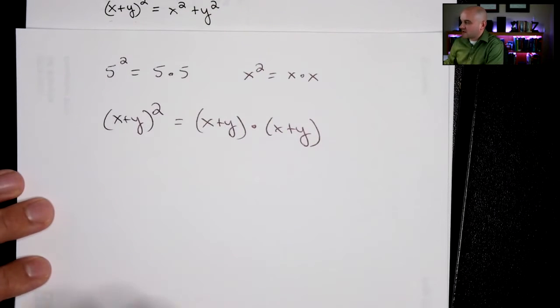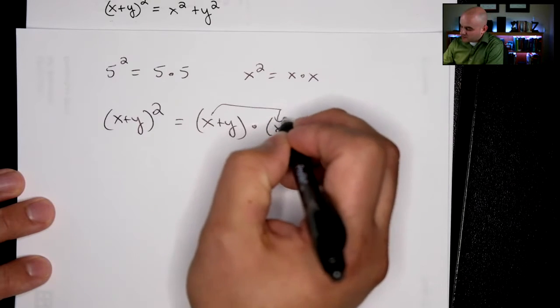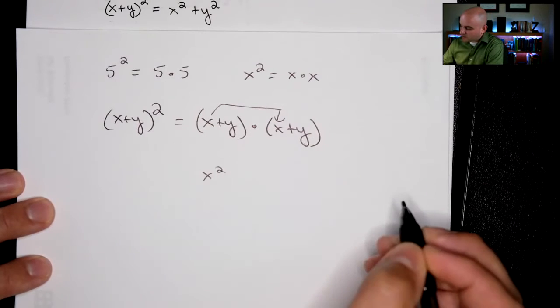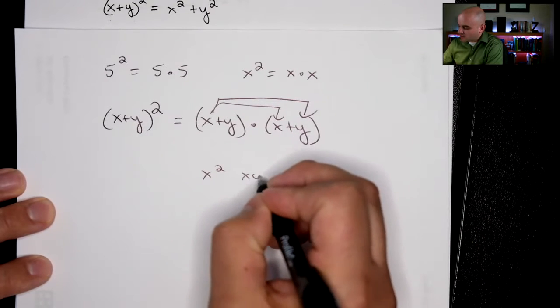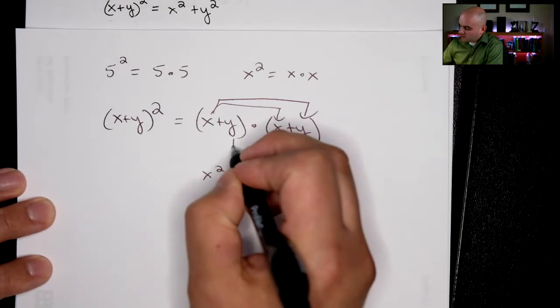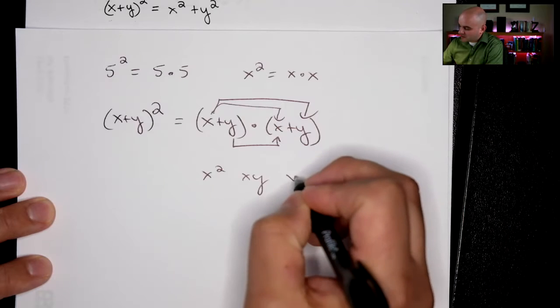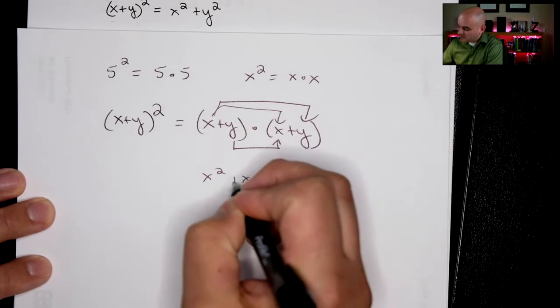And remember, back in algebra class, a lot of times we refer to this as foiling it. So we'd say first times first, that gives me x squared. First times last, that gives me xy. Inner times inner, xy again, and it's positive here.